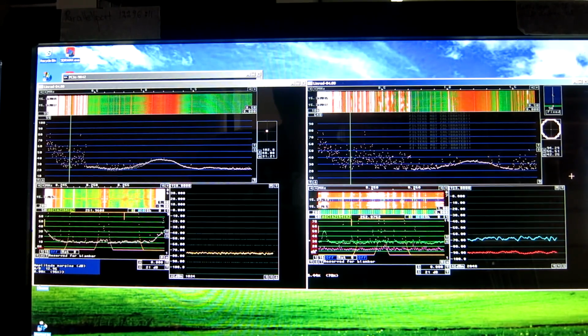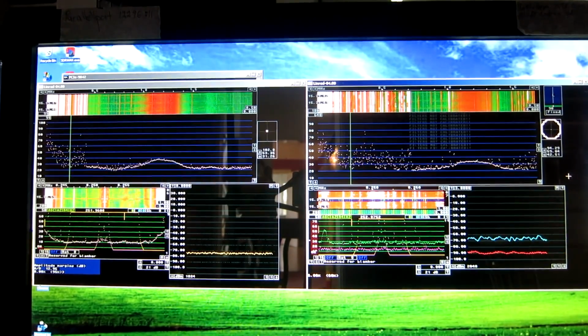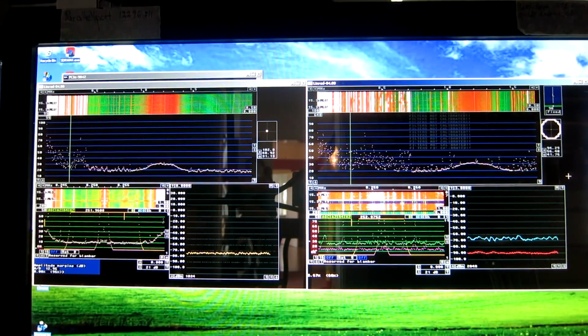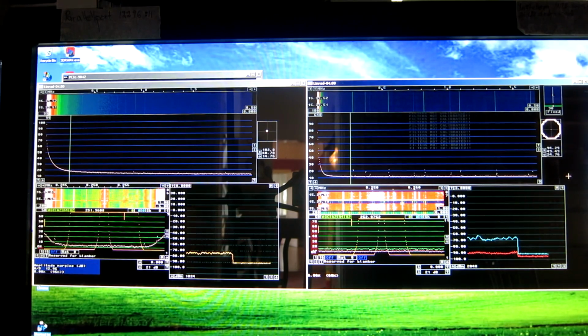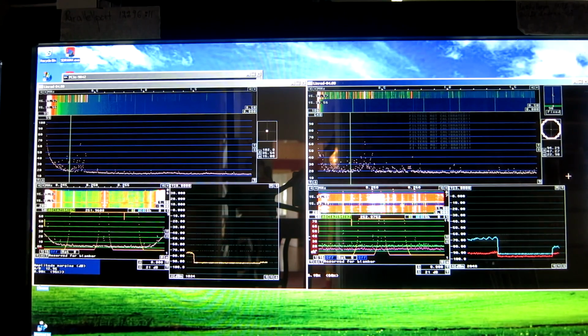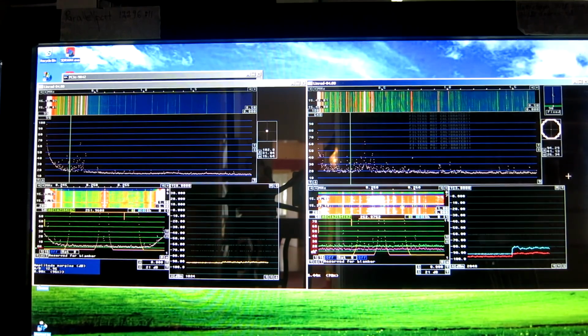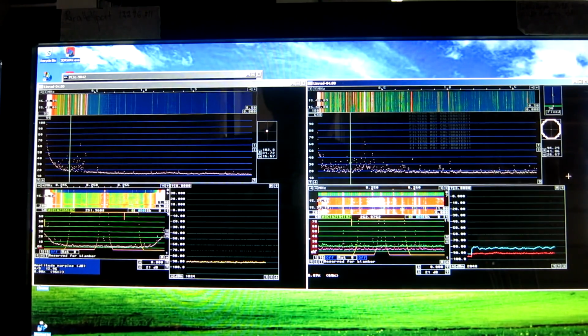I will remove the amplifier now. And then I listen to the other channel.